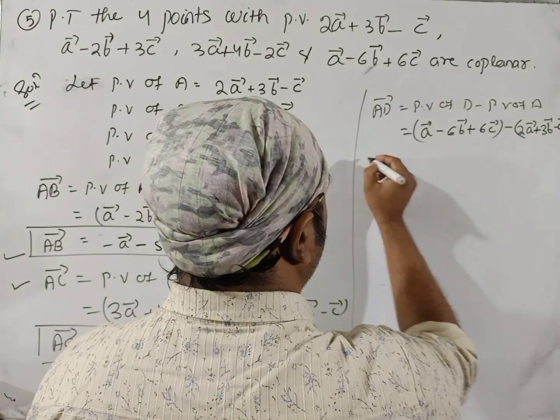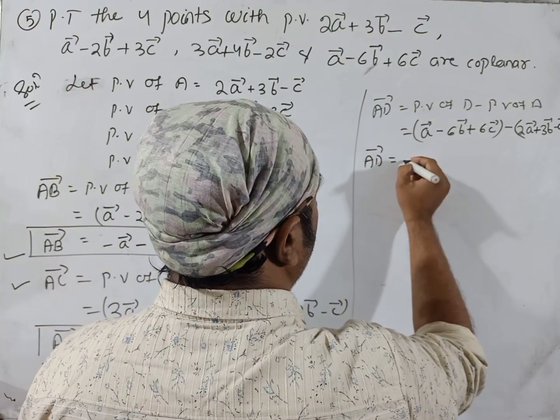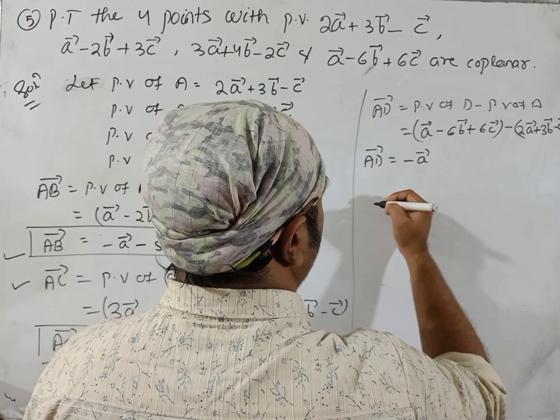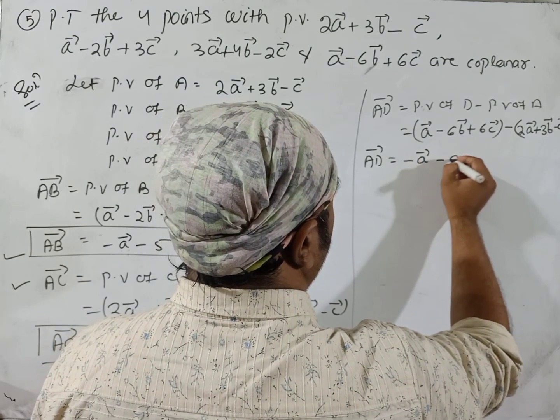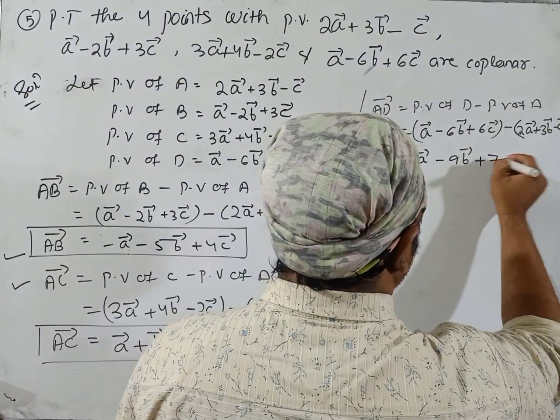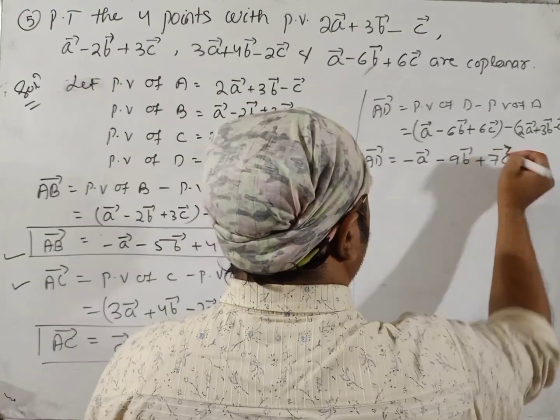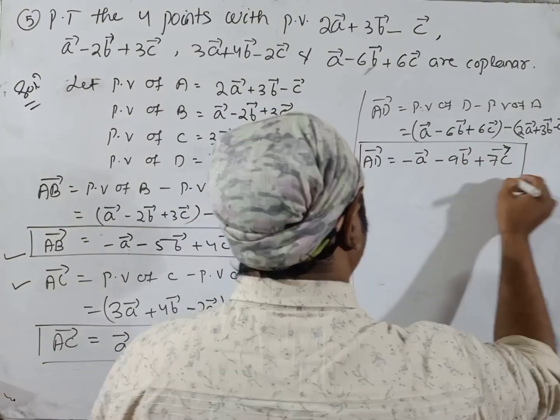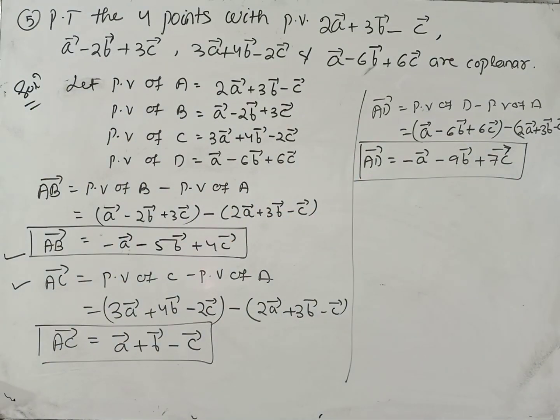So the AD vector will be minus A vector minus 9B vector plus 7C vector. So here these are the three vectors, AB vector, AC vector and AD vector.